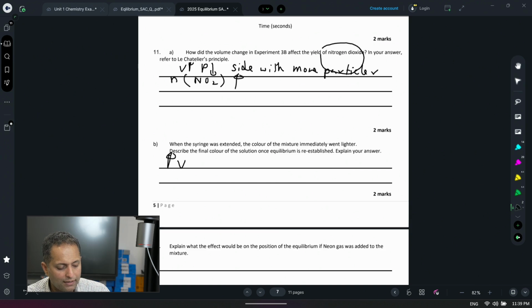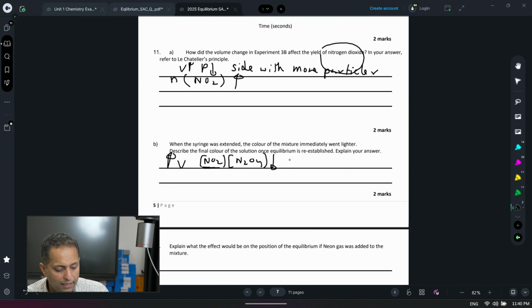When the volume is increased, the concentration of both NO2 and N2O4 will decrease. Now NO2 is the only species that has a color.